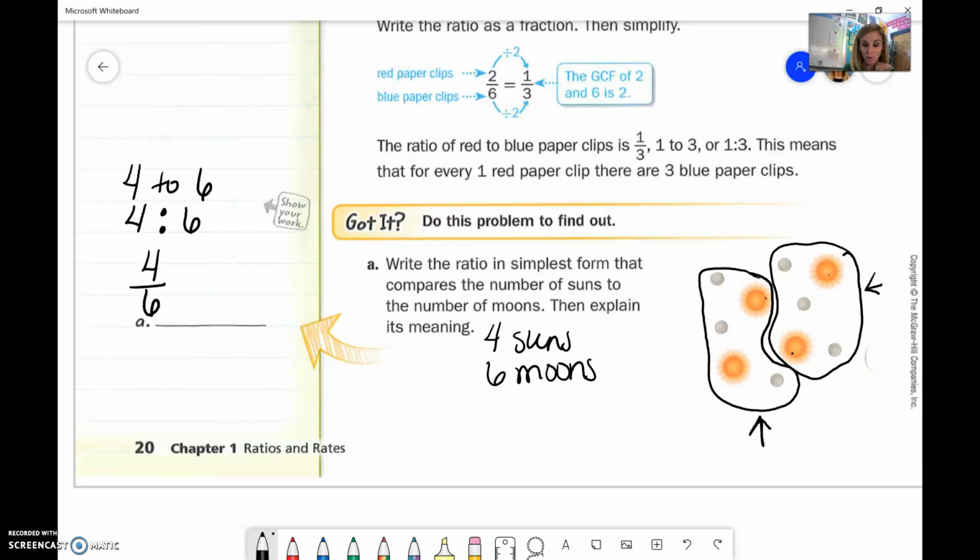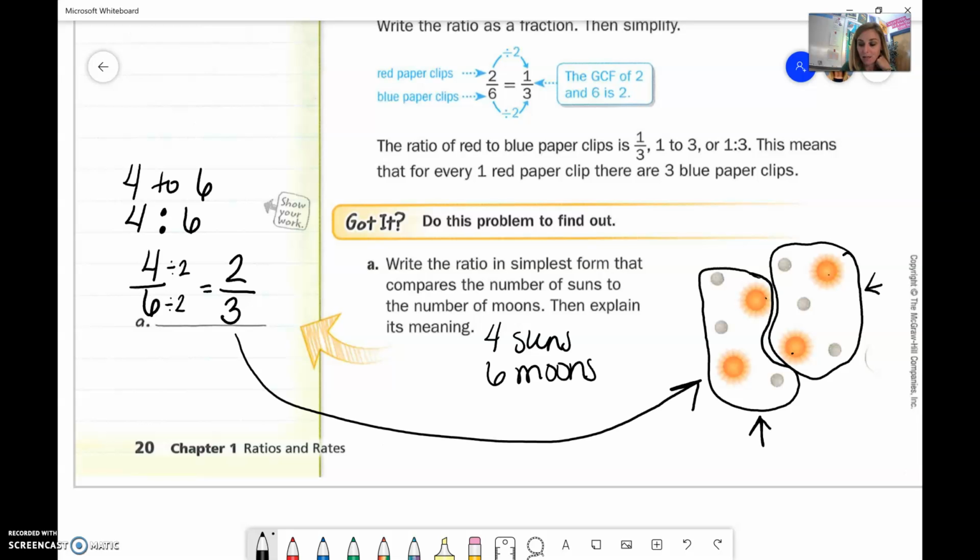So I'm going to divide each of these by 2, which is going to give me 4 divided by 2 is 2, and 6 divided by 2 is 3. So 2/3. Listen to that.